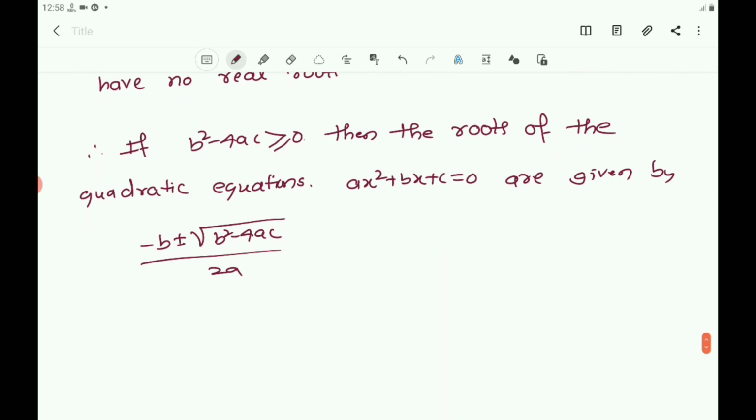So this formula for finding the roots of a quadratic equation is known as the quadratic formula.